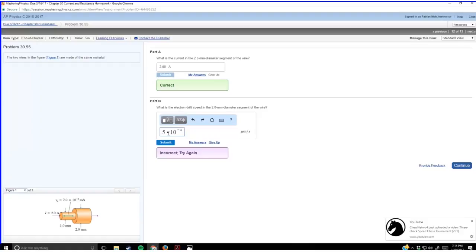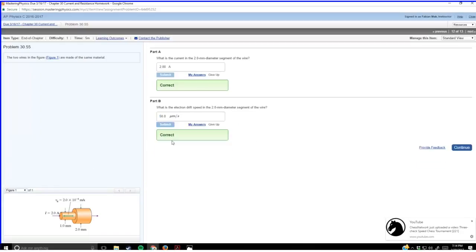Oh, micro. Micrometers per second. So 500. Or is it 50? Wait, am I 0.5 times 10? It should be 50. There we go. Okay. Micrometers per second. Kind of throw a curveball on the units there.